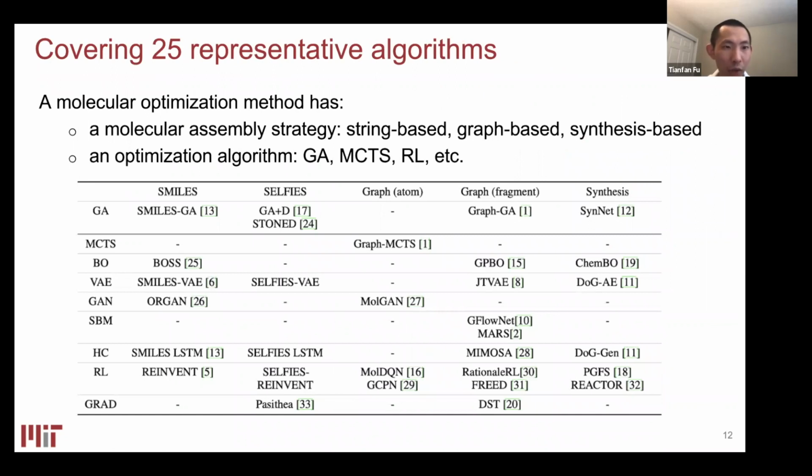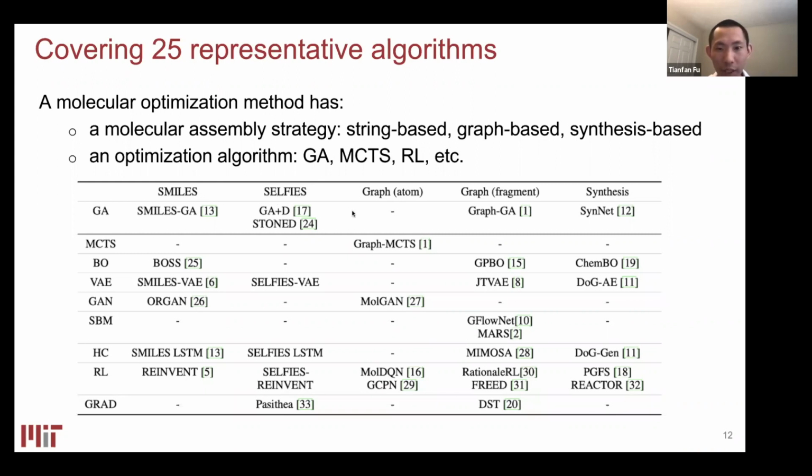There are 2 essential components for a molecular optimization method. The first is a molecular assembly strategy. There are 3 strategies: string-based, graph-based, and synthesis-based. As we all know, there are 2 molecular string representations, SMILES and SELFIES strings.